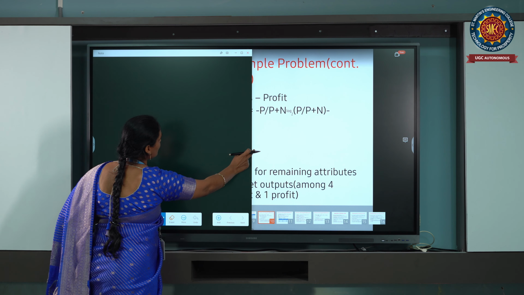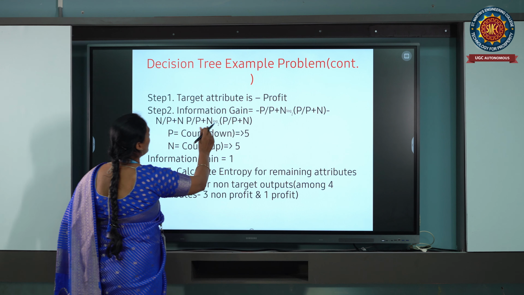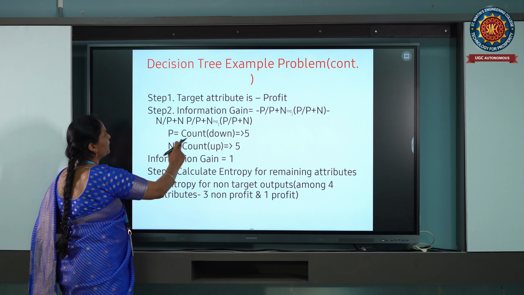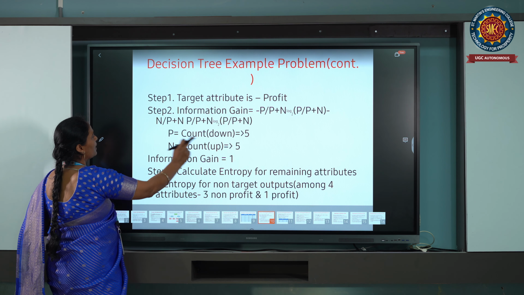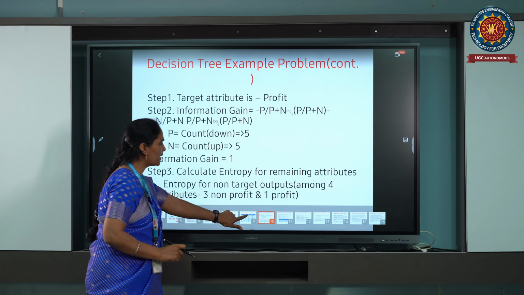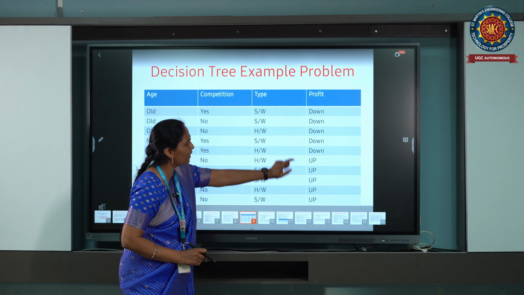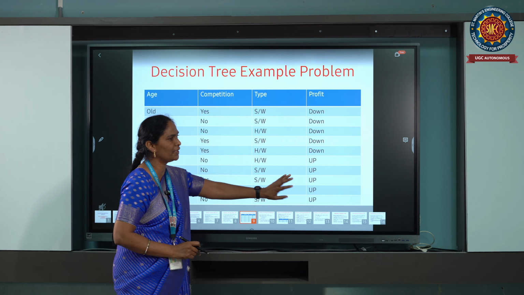So to calculate this, P by P plus N. The P count is given as 5 here and the N count is taken as 5. That means in the given data set the total down count is 5 and the total up count is 5.